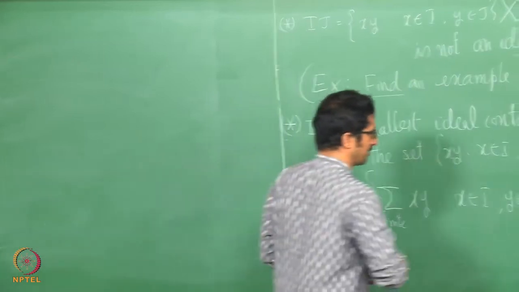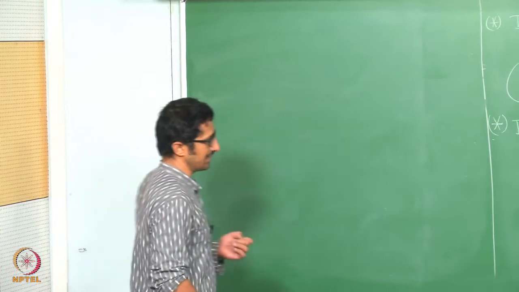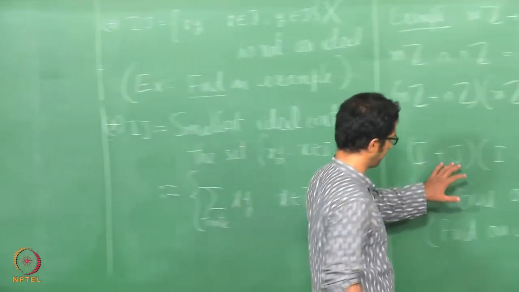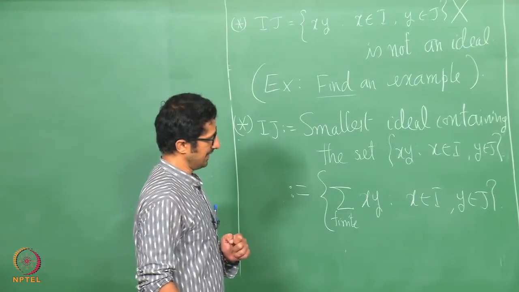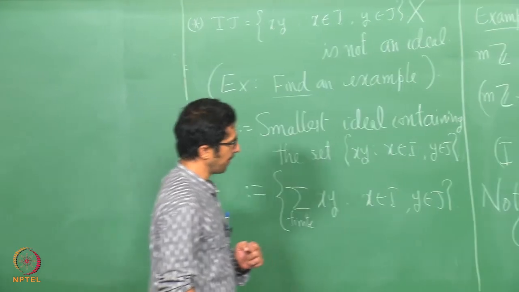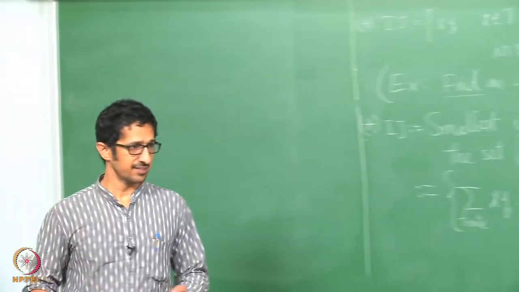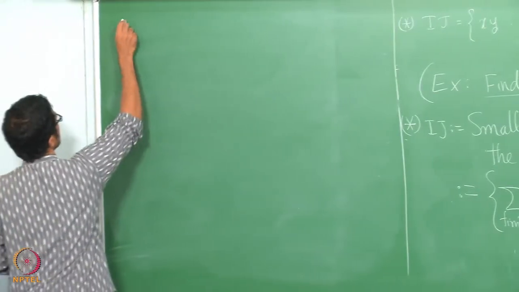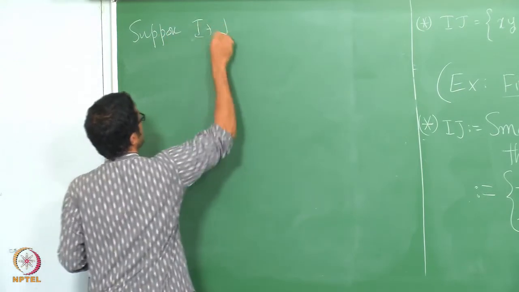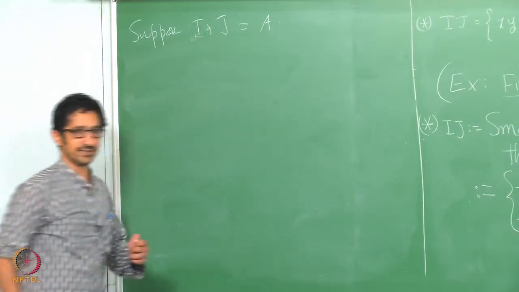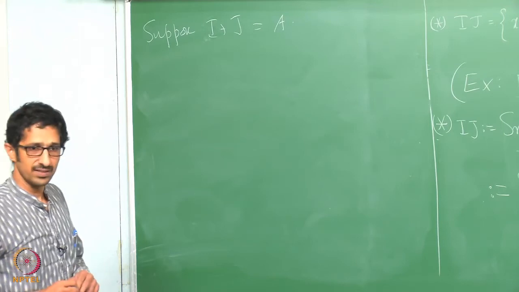Okay. Now this holds true if I plus J becomes the whole ring. So let us see, suppose I plus J is the whole ring. Okay.